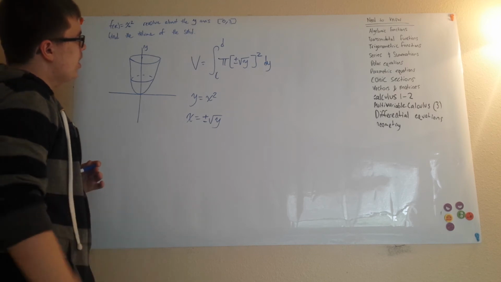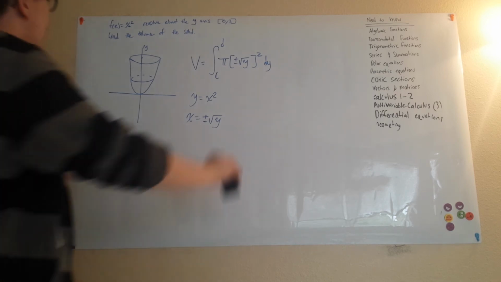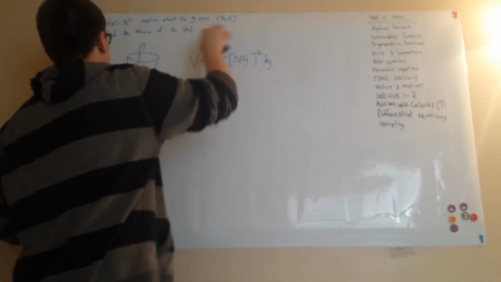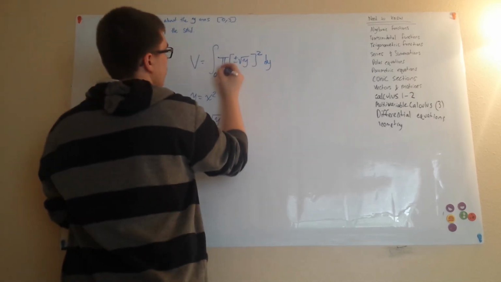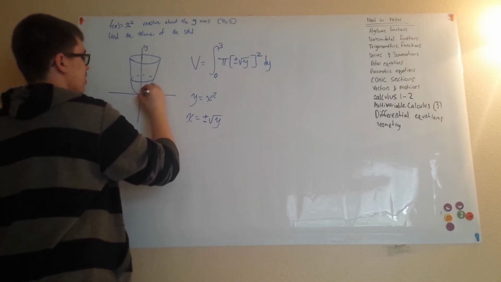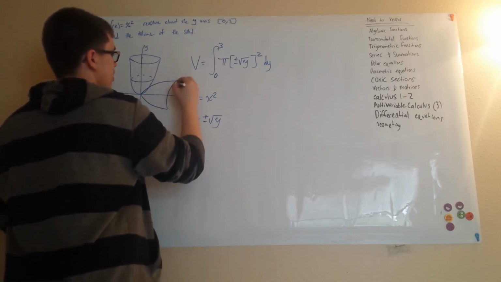So the issue here is, well, this is from 0 to what? To 3, right? Well, think about this. Remember the root function? The root function was like that, and we found the volume.